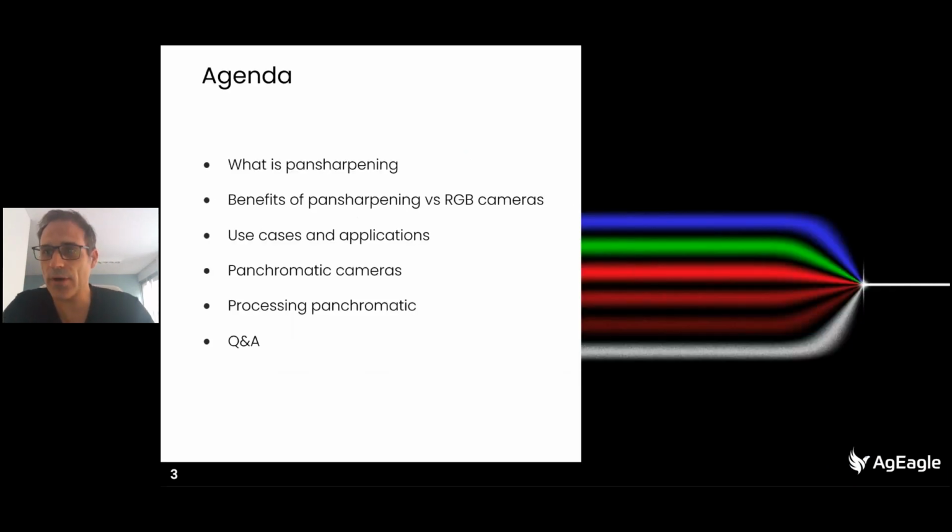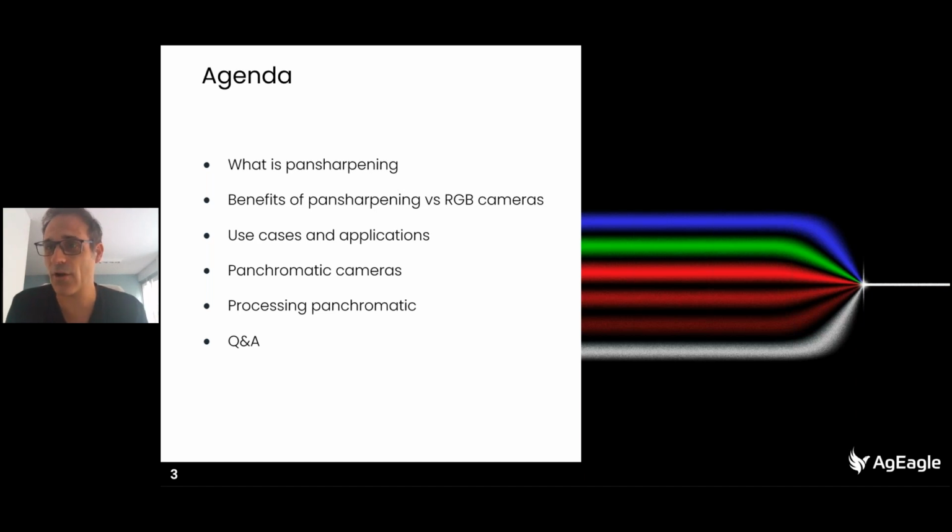So today, what we're going to talk about is what pansharpening is about. What's the advantage of pansharpening versus RGB cameras? Because with an RGB camera, you just have the RGB picture, high resolution, right away, and now you have to do the whole process of pansharpening the imagery. It's more work, that's right, but why is it better?